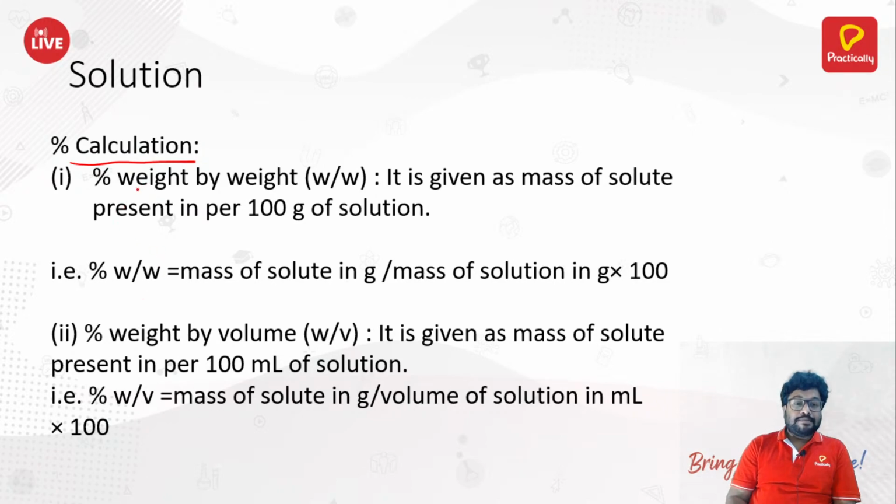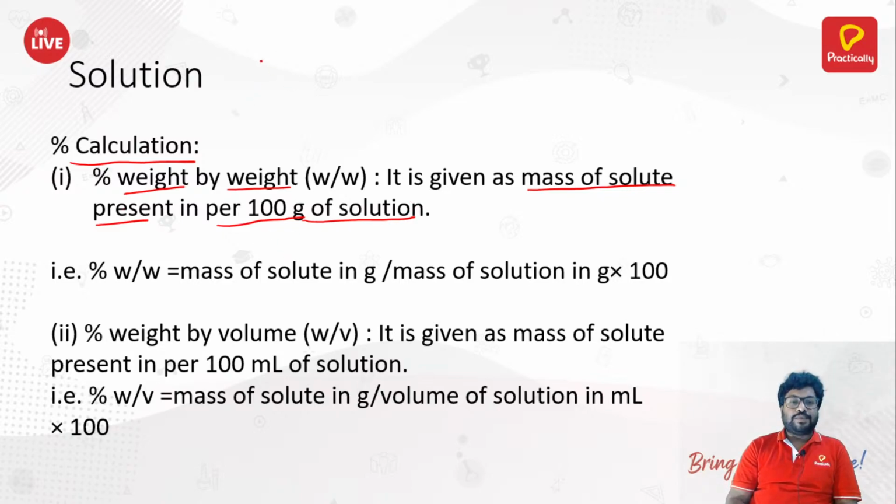The first is percentage weight by weight. What does percentage weight by weight mean? It is the mass of solute present in per 100 gram of the solution.